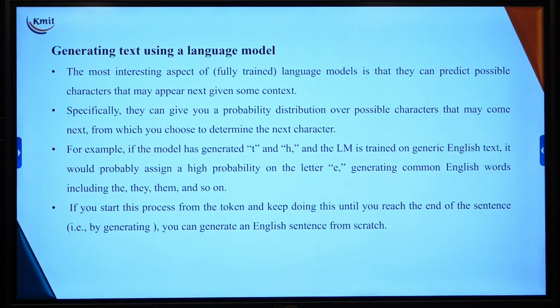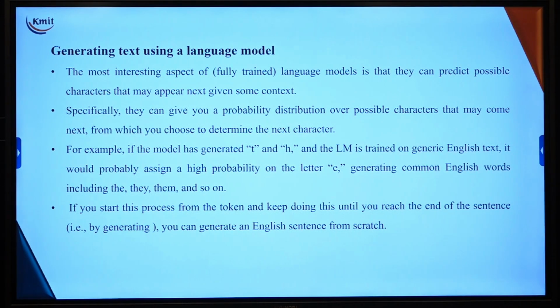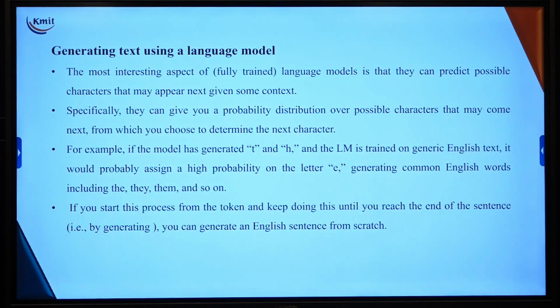Now how do I generate text using a language model? The most important thing to consider here is how I predict the possible characters that may appear in the next context, which is done by using fully trained language models. They can give you the probability distribution over possible characters that may come next, from which you can determine the next character.